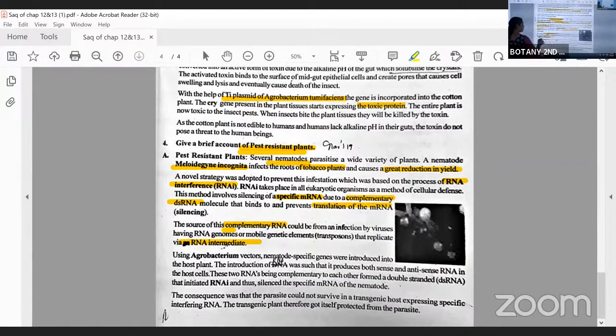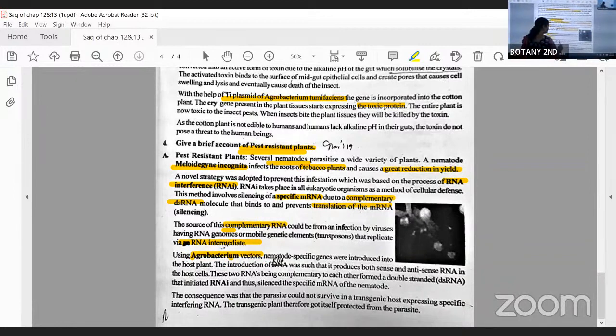So here, which type of organism are we using as a vector? Agrobacterium. We are using Agrobacterium as a vector to insert this RNAi gene into the organism, into the tobacco plant. So the Agrobacterium acts as a vector.